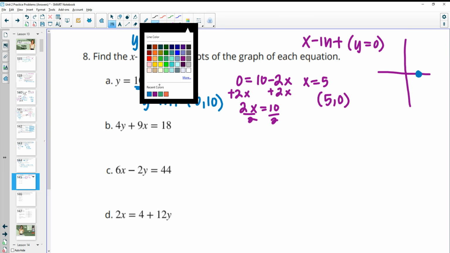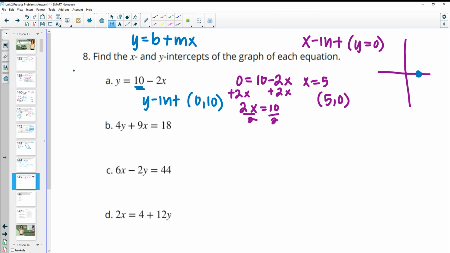So now if you're on the y-axis, anything on the y-axis means that your x-coordinate is 0 because we haven't moved left or right. So if we're on the y-intercept, our x value is 0.